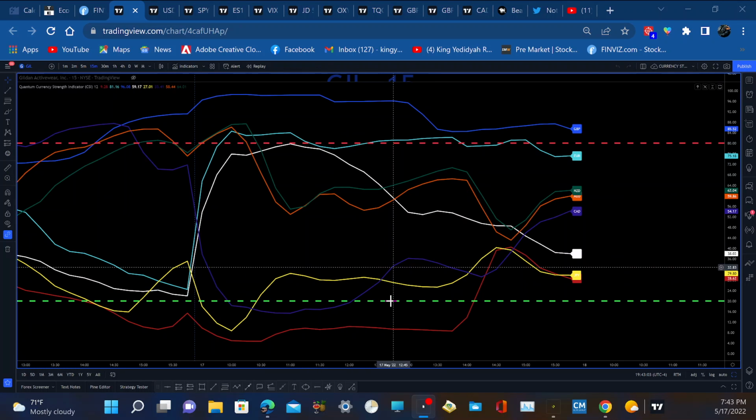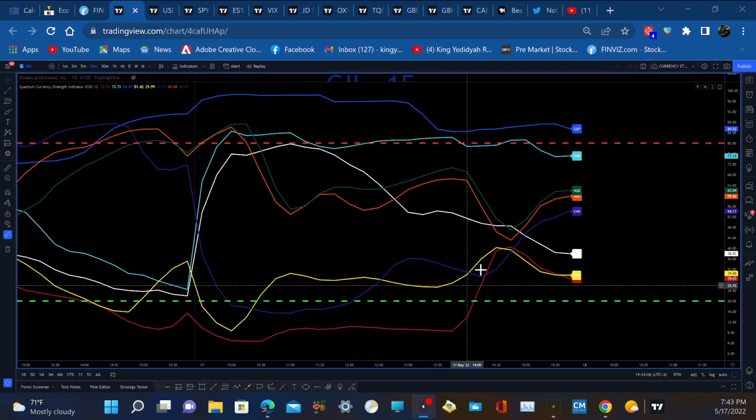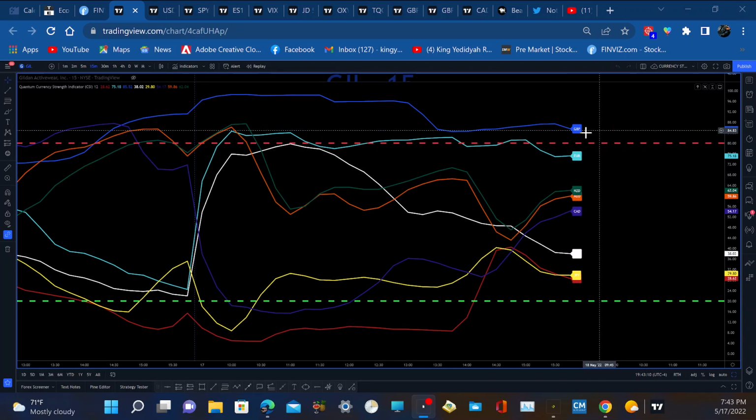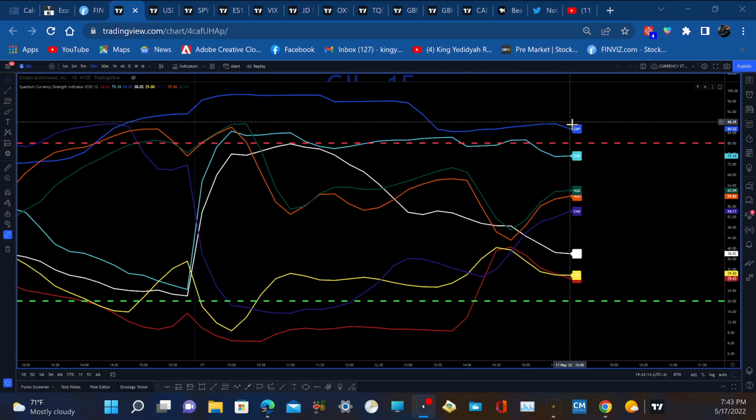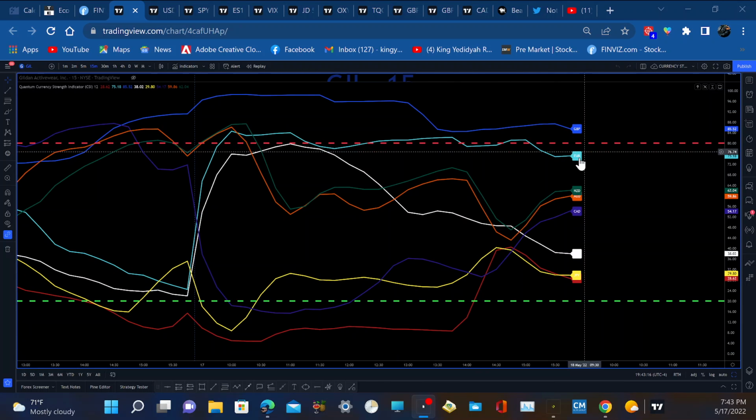So this currency strength indicator shows this is the oversold level, this is the overbought level, and these are the individual currencies, right? So this is GBP, this is Euro, NZD, AUD, CAD, Swiss, the yen.